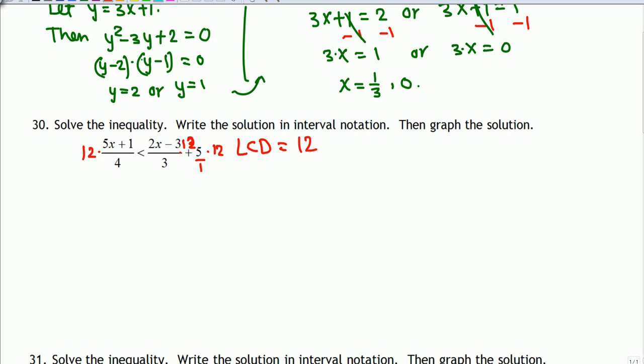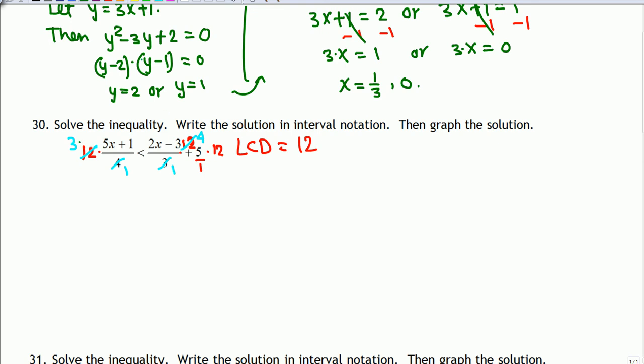Then we get 12 on the top. 12 and 4: 4 goes 3 times. 3 and 12: 3 goes 4 times, and there is nothing here.